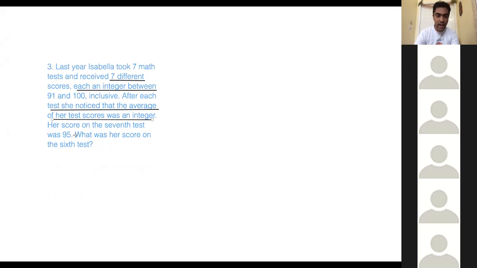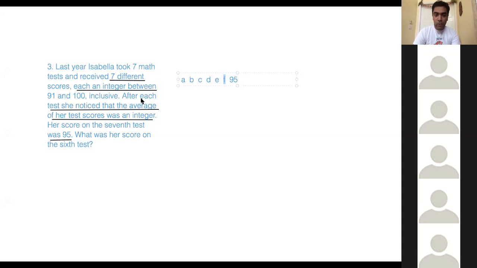And the score on the last test, the 7th test, was a 95. We want to know what the score on her 6th test was. So let's say the scores on her tests are A, B, C, D, E, F, and the last one we know is 95. What we want to know is what this previous one, F, was.